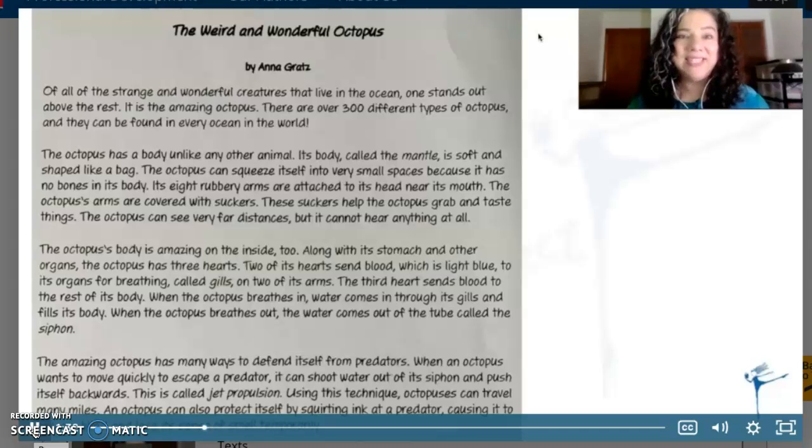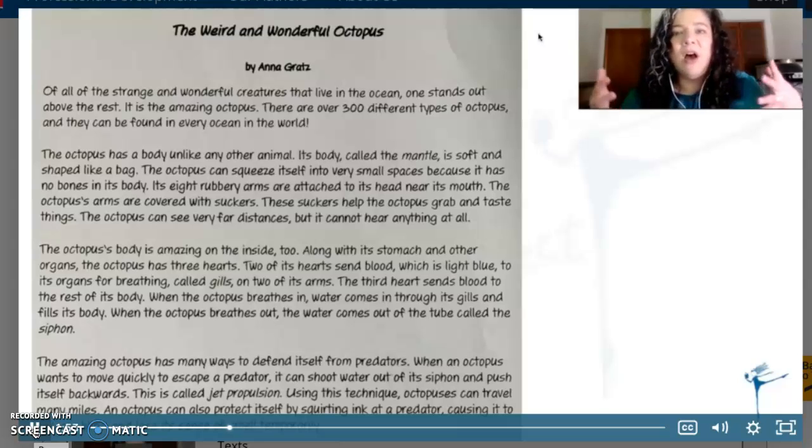Are you ready to try it? Let me first show you what I mean. I have a text here. It's called The Weird and Wonderful Octopus by Anna Gratz. And as I started to read this article last night, I noticed that there was a sentence in the paragraph that I was reading that jumped off the page at me.